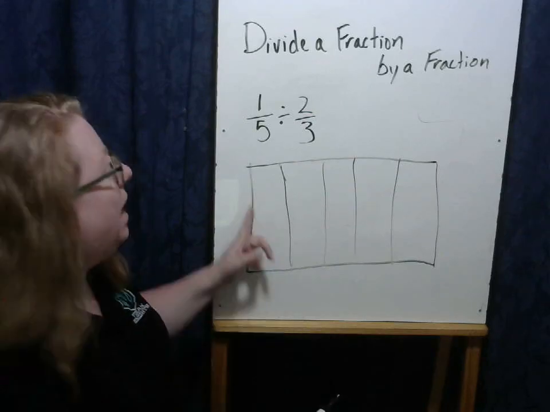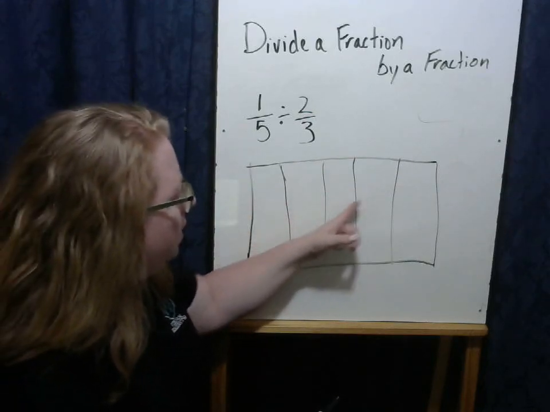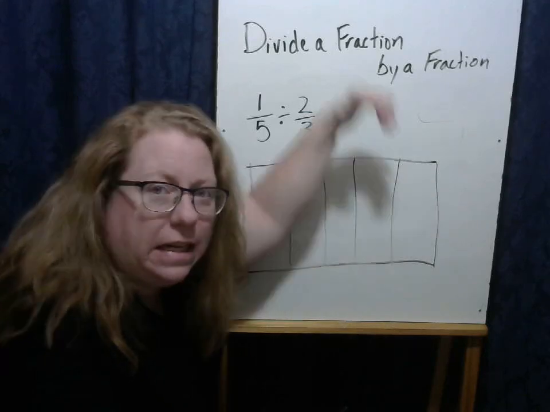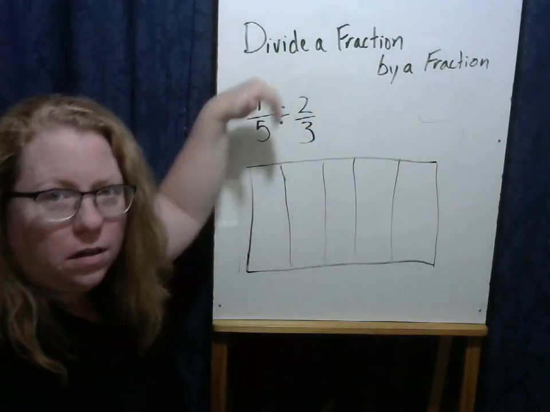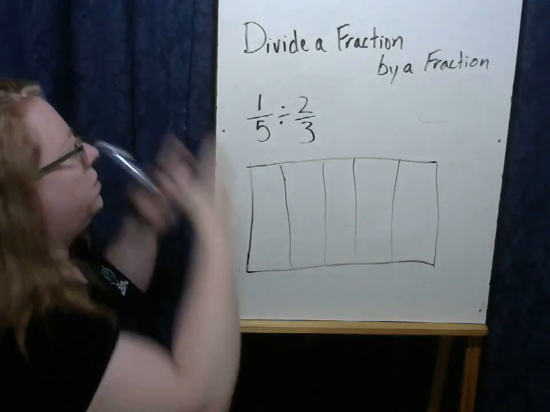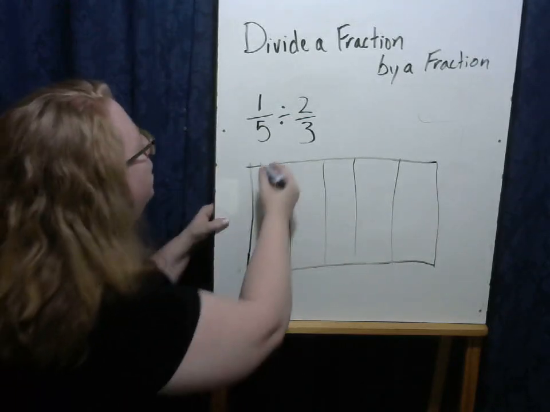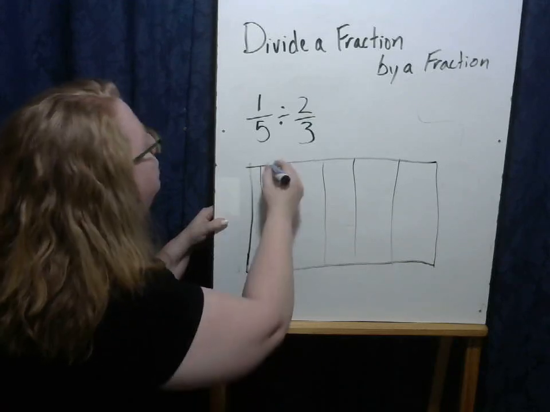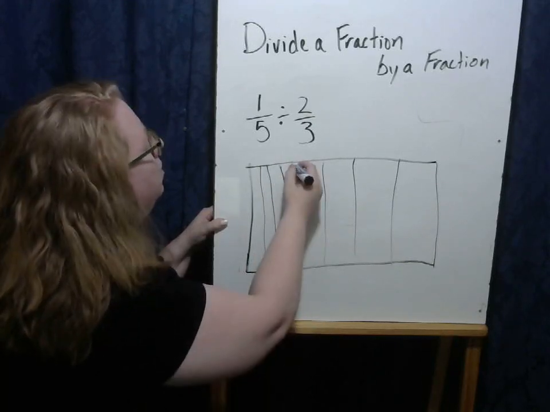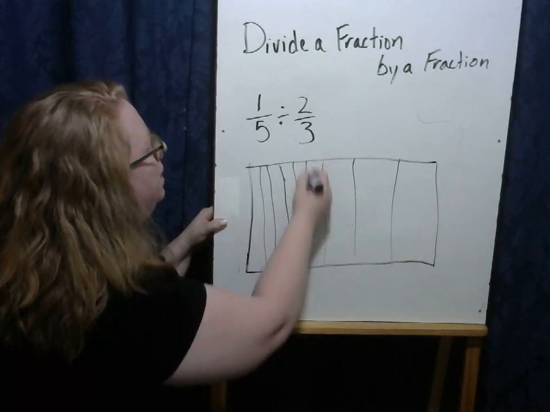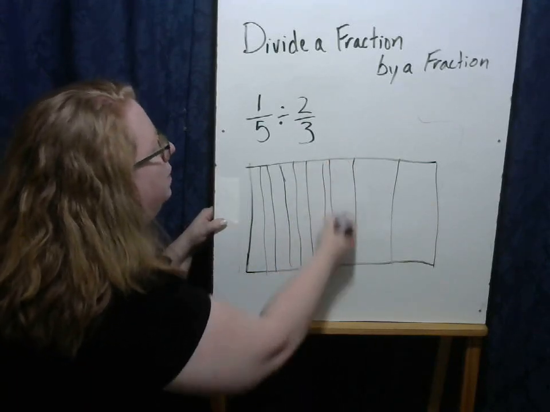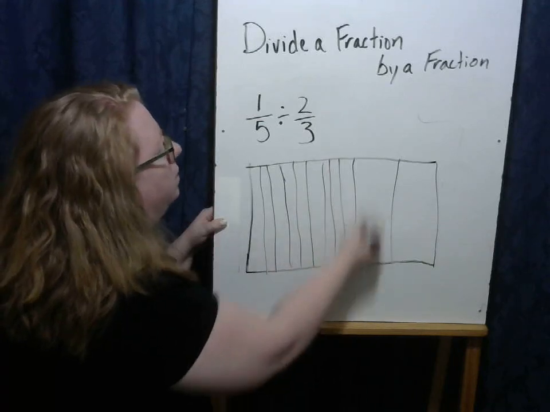So what does that mean? I'm going to have to break this rectangle into 15 individual sections. So I'm going to now make it 15 by breaking each of the fifths into 3.